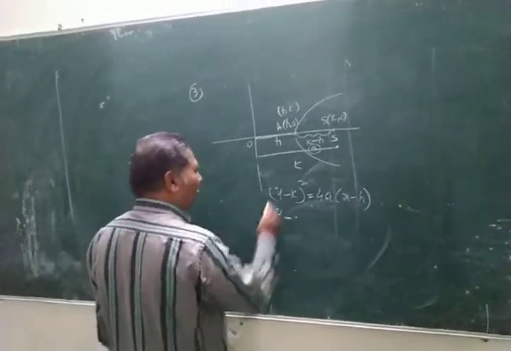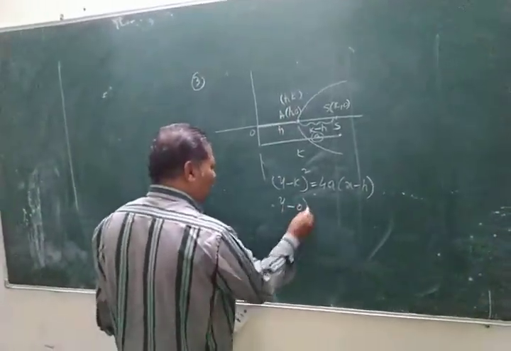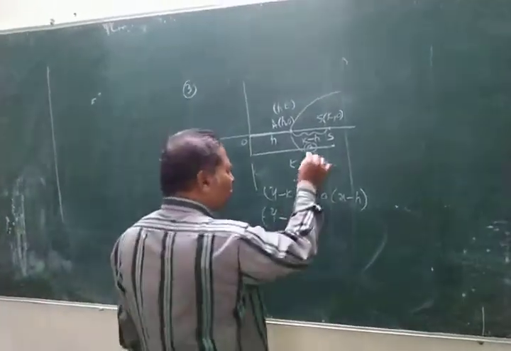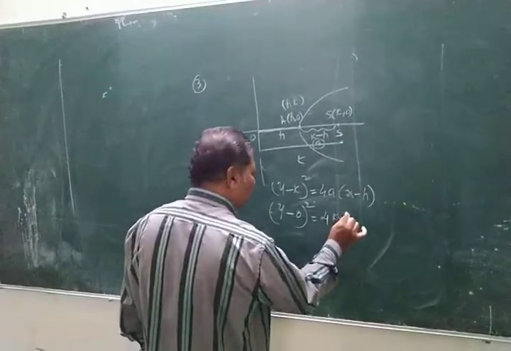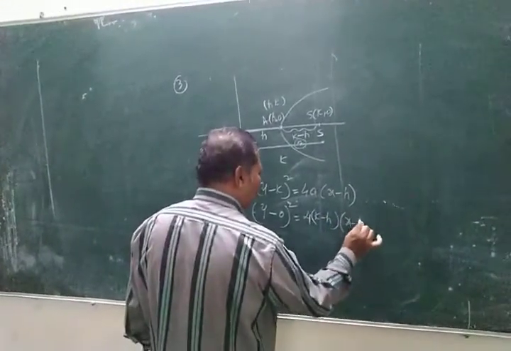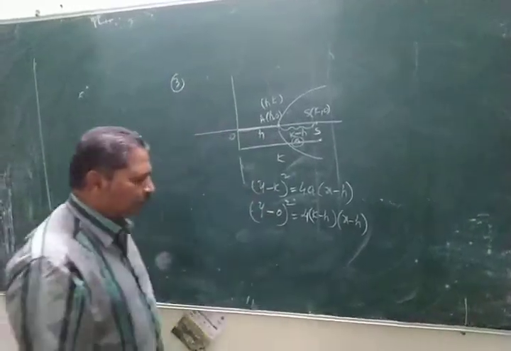Here k is 0 and a is k minus h, so y square equals 4 into (k minus h) into (x minus h).